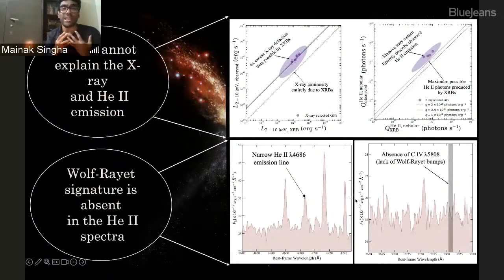Now, looking into the X-ray data, we find something really interesting. The observed X-ray luminosity you see on the top left panel is about 6 times higher than one would expect from their X-ray binary contribution. In the X-ray binaries, we're taking the contributions of the low mass and the high mass X-ray binaries.